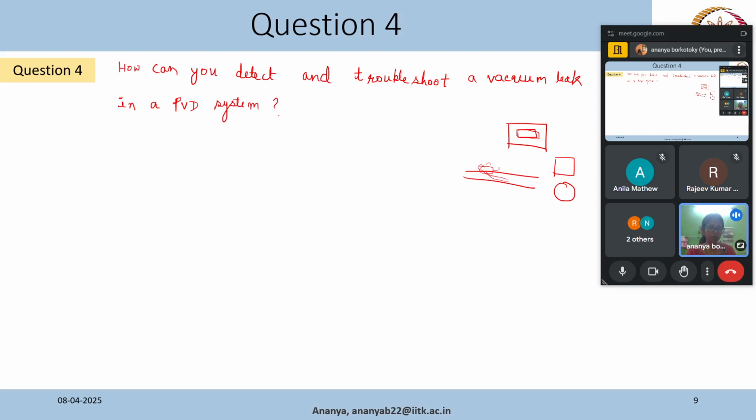Many times the o-ring gets damaged. These are the things we will check first if we sense some vacuum leakage in our system.